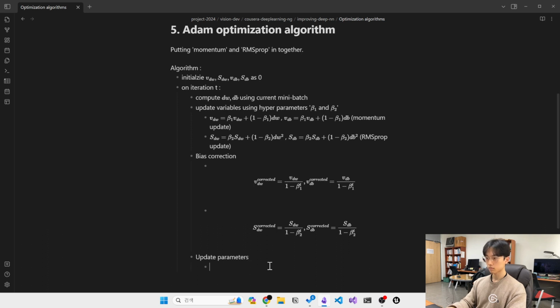But now we add in the RMSprop portion of this, so we're also going to divide by the square root of SdW corrected plus epsilon.